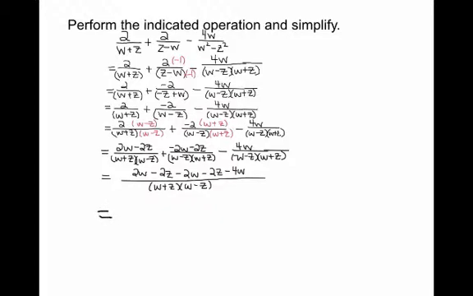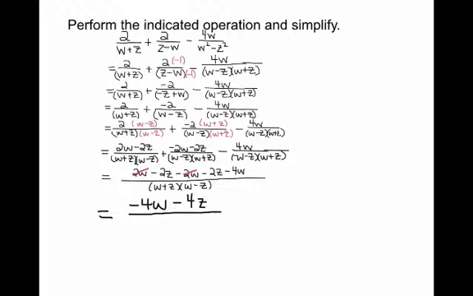And when we combine like terms, we have a 2w minus a 2w that goes away, and we end up with negative 4w. And then we have a minus 2z, which gives us minus 4z.